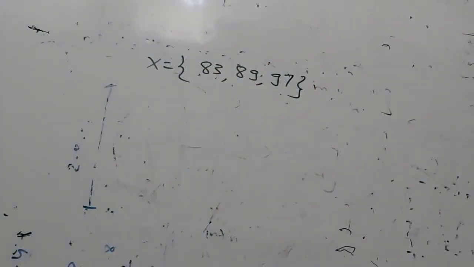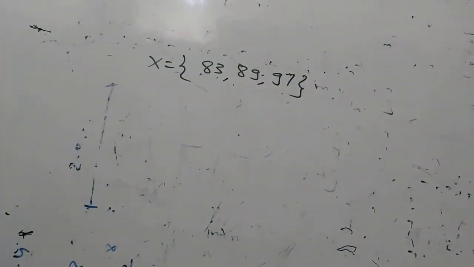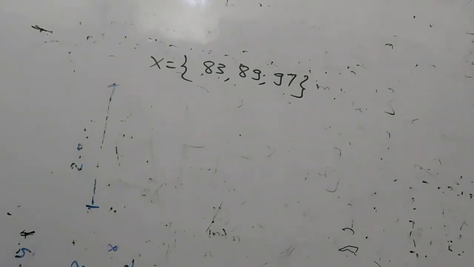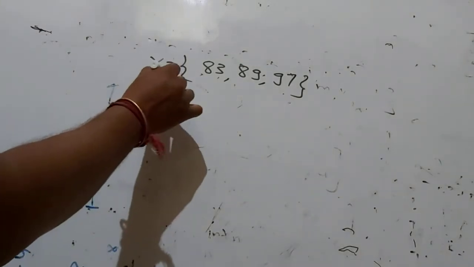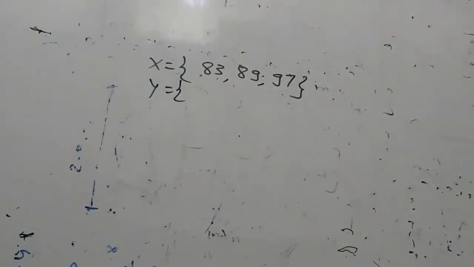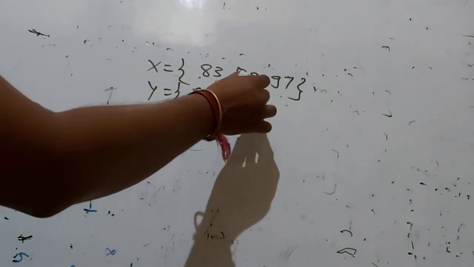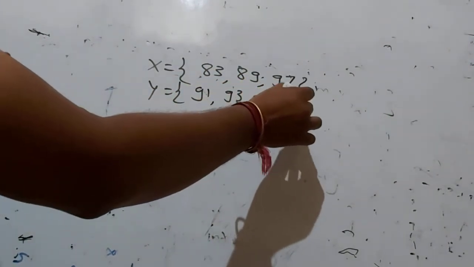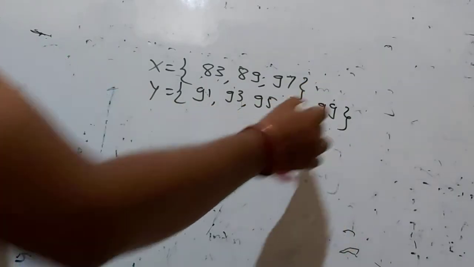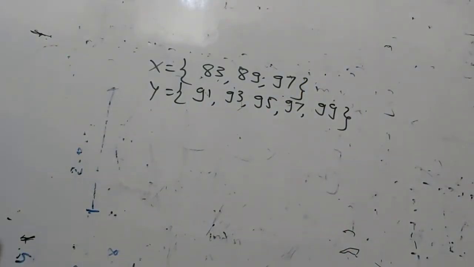And in the second set, Y is the set of y such that y is an odd number between 90 and 100. We are told the odd numbers between 90 and 100, so we start from 91, 93, 95, 97 and 99. If you see in this also, one element is common, that is 97.